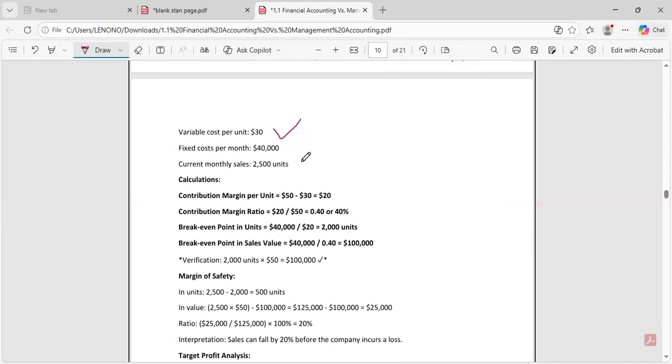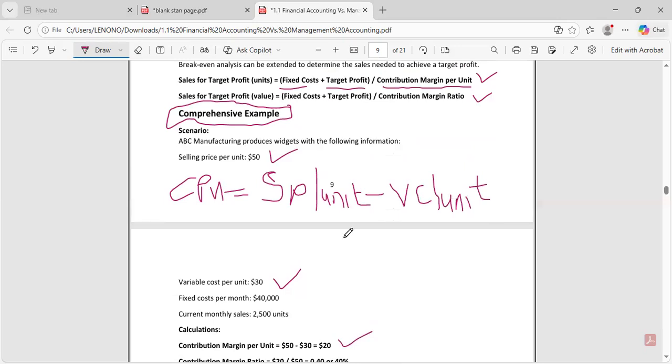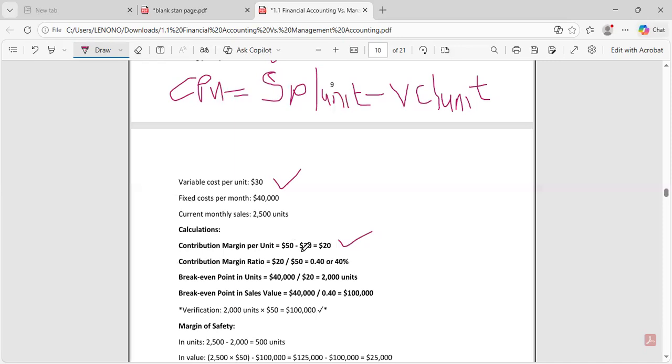Fixed cost is 40,000. The current monthly sales is 2,500 units. So the contribution margin is $20, selling price per unit minus variable cost per unit. Then the contribution margin ratio is 20 over 50 selling price times 100%, which is 40%.